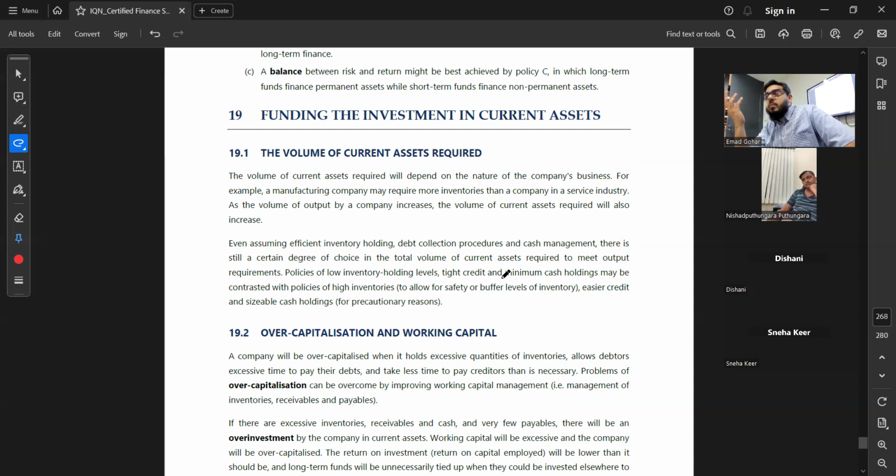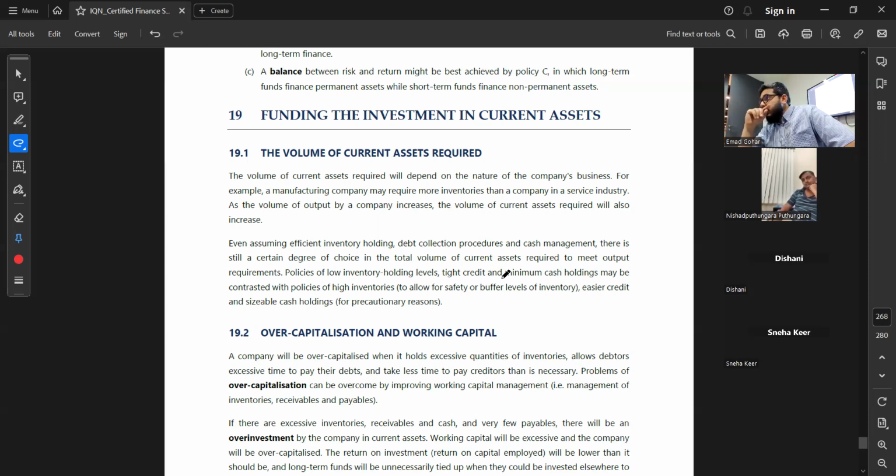Right or not? But if my current ratio is 2, 3, what will you say? No. Then I will say you are stuck because you have too much money stuck in inventory, too much money stuck in receivable. Right or not? This is not good. This ratio should be between 1 and 2.